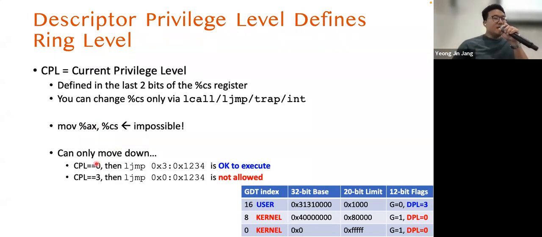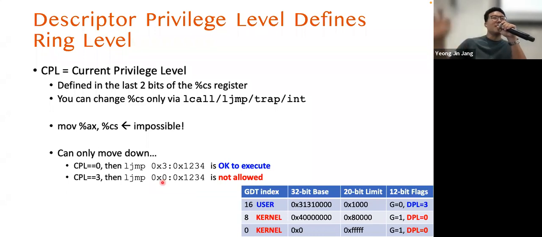Another protection is that even if you use long jump, you can only move down in privilege. From the current privilege level 0, you can long jump to privilege level 3, so switching from 0 to 3 is allowed. But while you are executing in ring level 3, you cannot long jump into ring level 0.